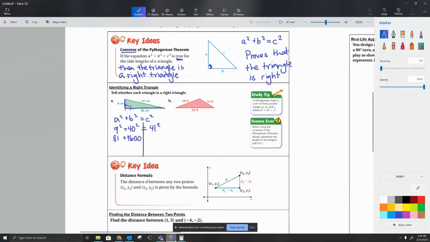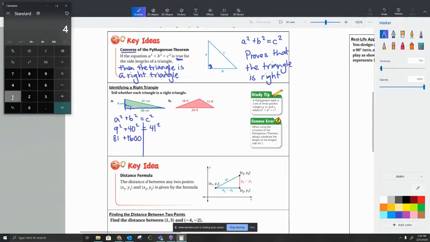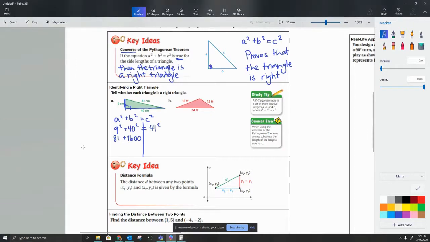And then 41 squared, let's check that out. 1681. So if both sides of the equation are true, which in this case they are, 1600 plus 81 is 1681. So both sides are equal. So therefore, this is a right triangle.